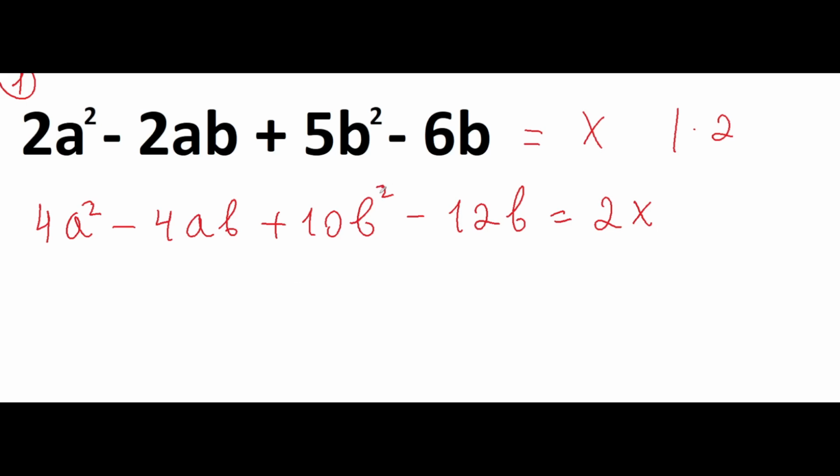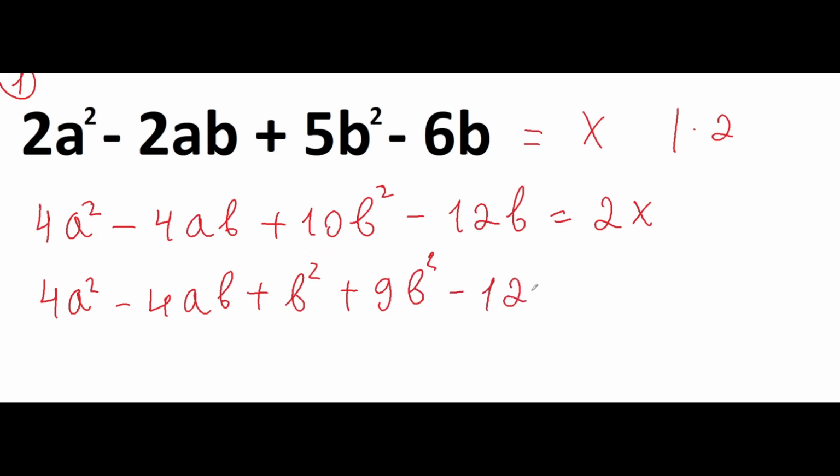We can factorize some expressions here. 4a squared minus 4ab plus b squared, we can write down, plus 9b squared. b squared plus 9b squared will give us 10b squared. And we have to write down 12b. And here, let me put a distance. I'll explain later why it is so.